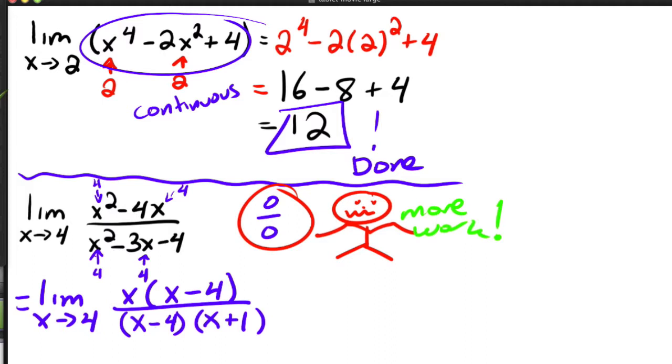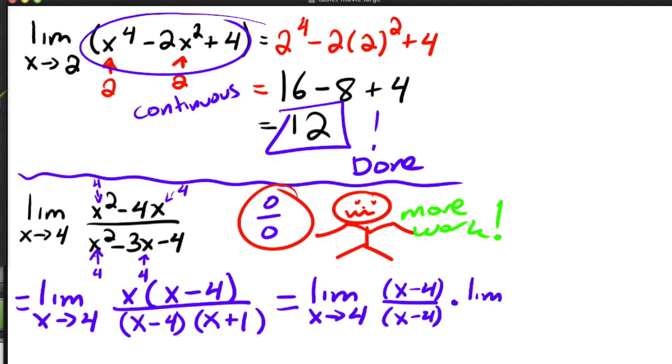Now I'm going to do it the long way this time, and then later on we're just going to skip this intermediate step. But basically what we've got is this is equal to the limit as x approaches 4 of x minus 4 over x minus 4 times the limit as x approaches 4 of x over x plus 1.